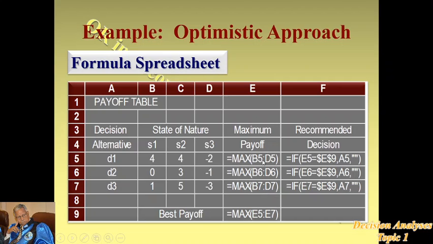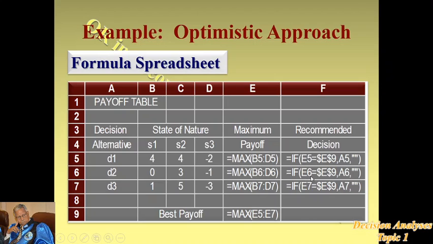Then select the maximum of them: MAX(E5:E7). Then for the recommended decision, if E5 equals E9, then A5, decision alternative 1.